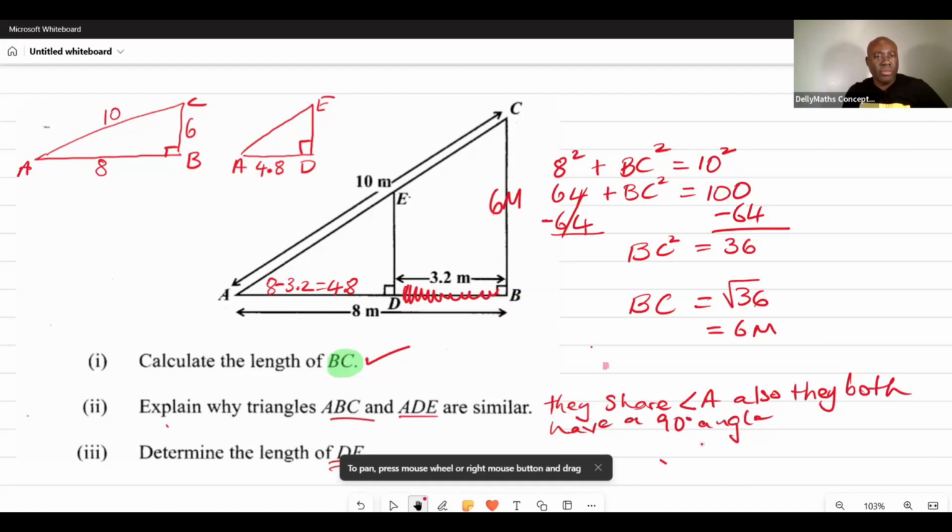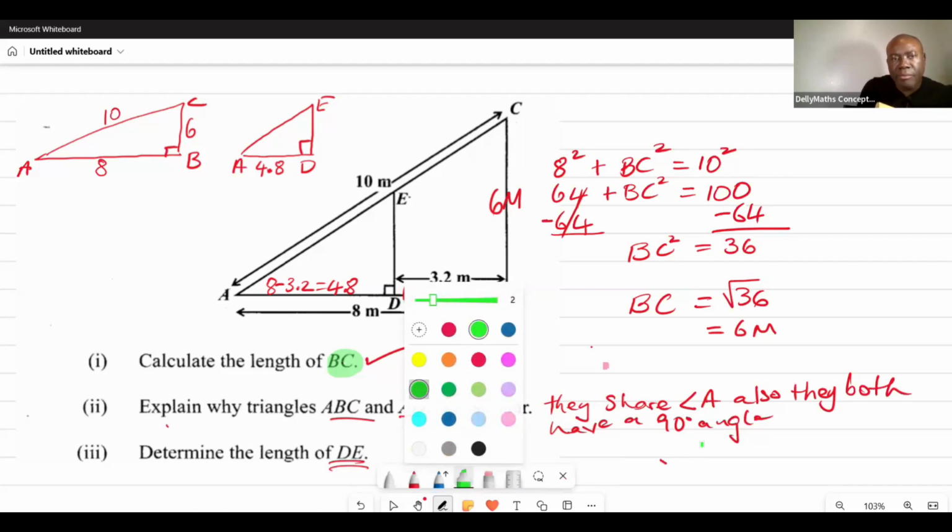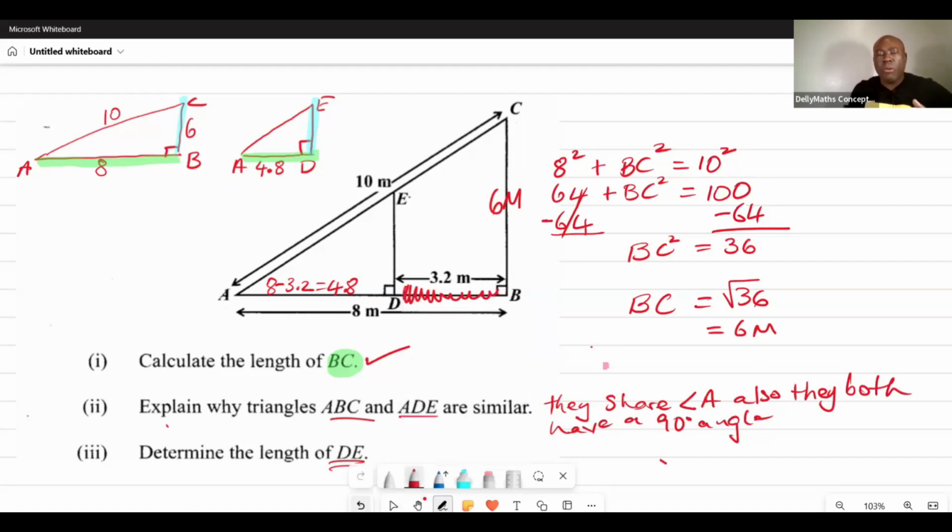Now, here is the thing. Since I know two corresponding sides, let us take a look at it quickly. AB corresponds with AD. Also, BC corresponds with DE. So corresponding sides are proportional, which means I could set up a proportional equation.